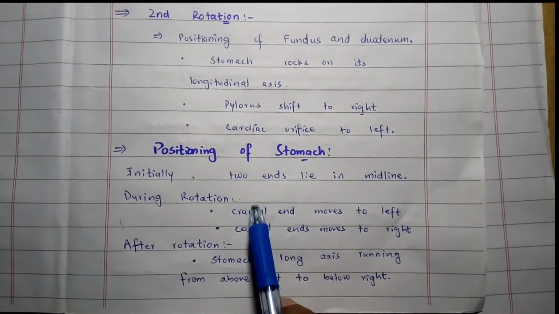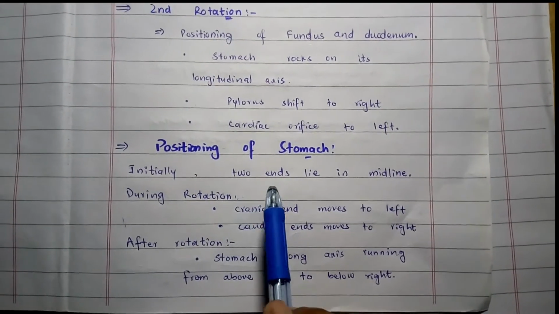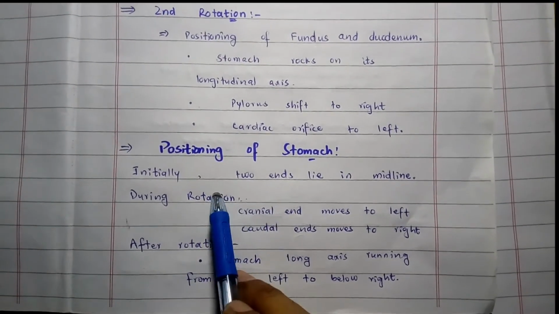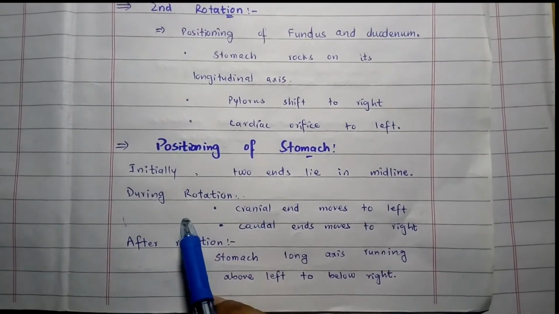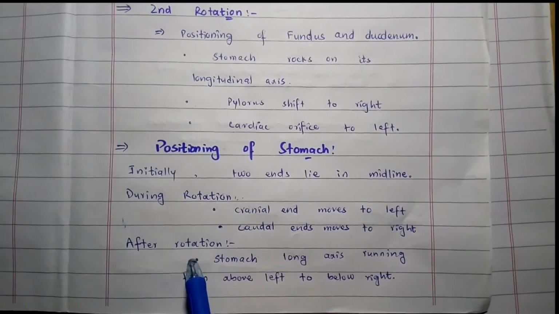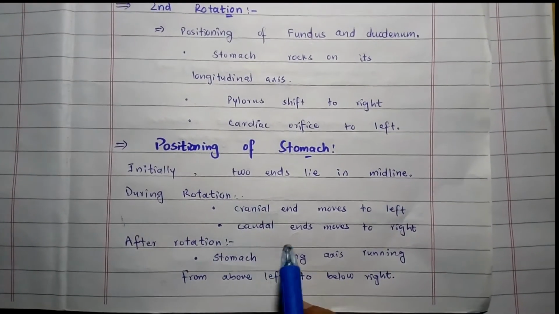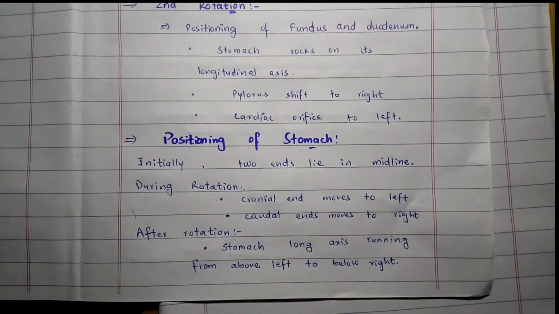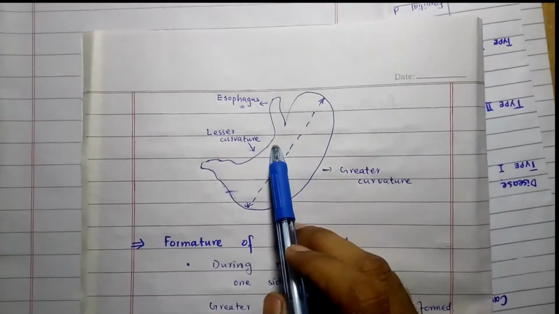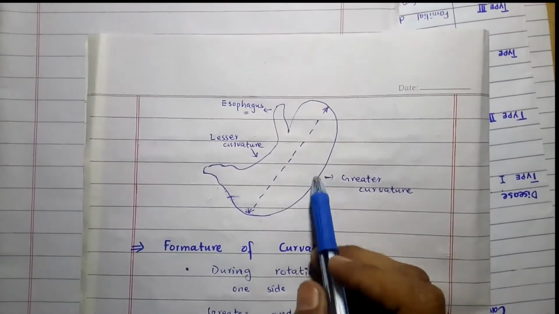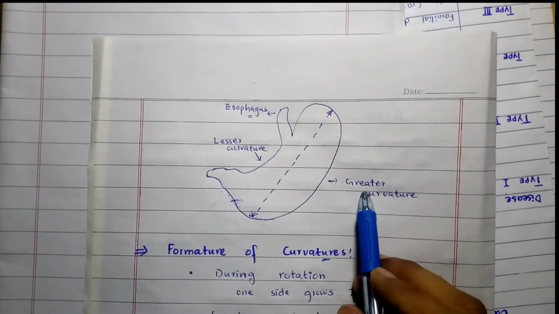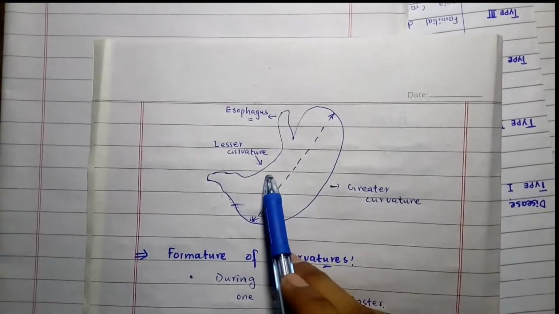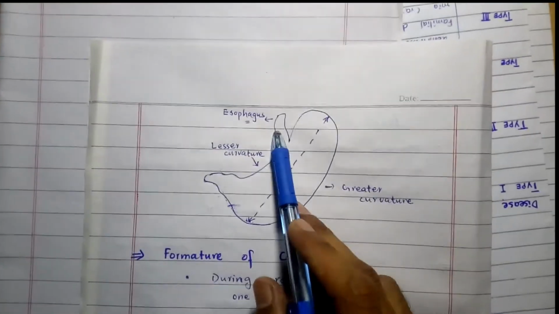In this way, the position of the stomach is determined: initially, during rotation, and after rotation. In the diagram, you can see the midline that divides the stomach, the greater curvature and the lesser curvature, and this is the esophagus.